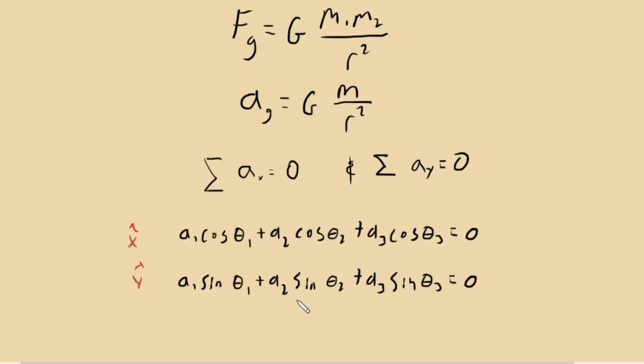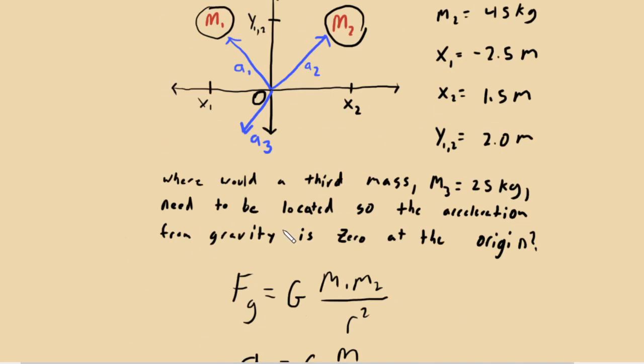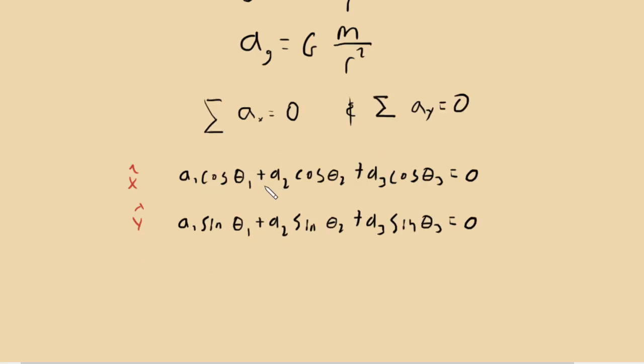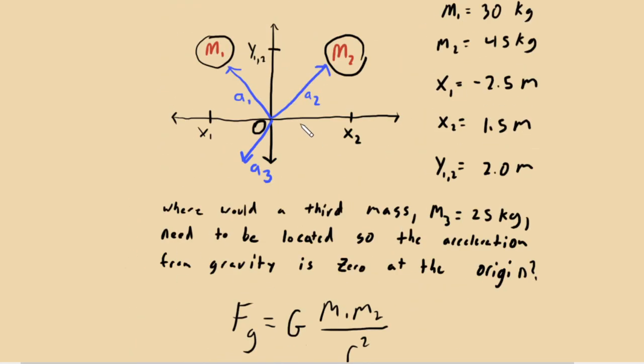To get each of these, we take the acceleration A1 pointing towards mass 1, its magnitude times the cosine of the angle theta 1, the angle from our positive x-axis to A1. That gives us the x component. Then we add acceleration 2 from mass 2 multiplied by the cosine of angle 2, which is again the angle from our positive x-axis to the acceleration vector.